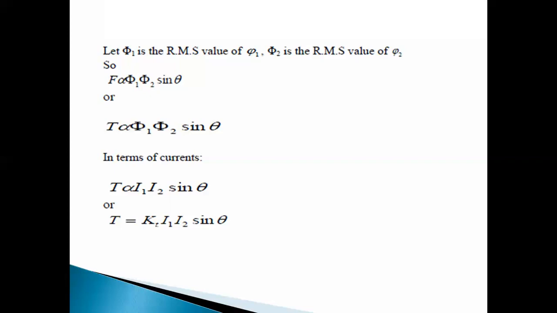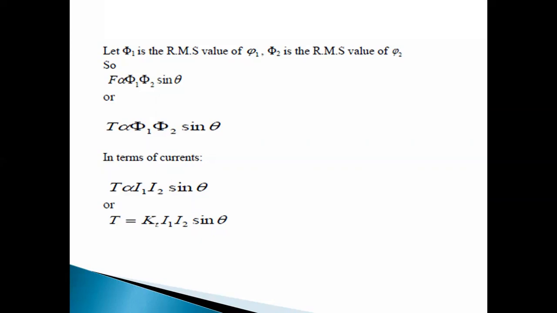What is meant by static? Stable. Stable, correct. Is there any machine which is a static device? Transformer. Transformer, correct. So your transformer is a static device where there are no rotating parts.